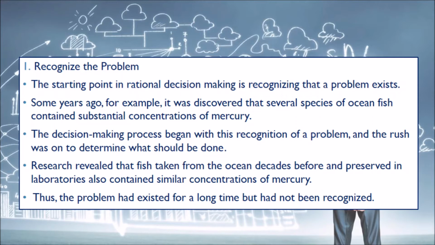The decision-making process began with this recognition of a problem, and the rush was on to determine what should be done. Research revealed that fish taken from the ocean decades before and preserved in laboratories also contained similar concentrations of mercury. Thus, the problem had existed for a long time but had not been recognized.